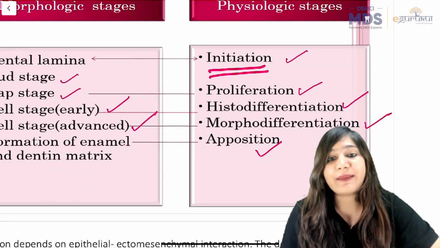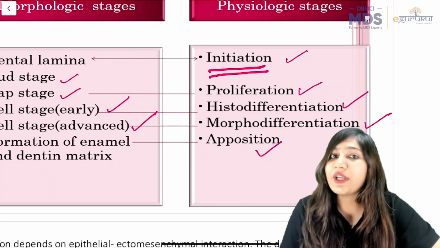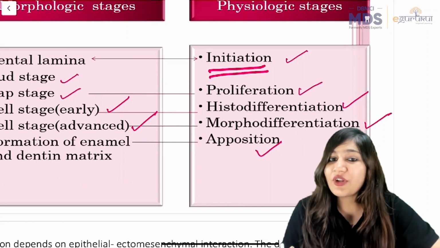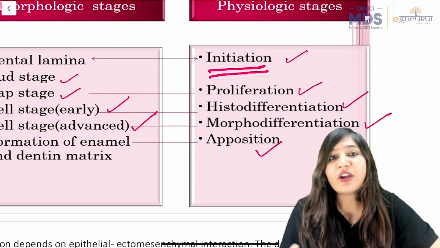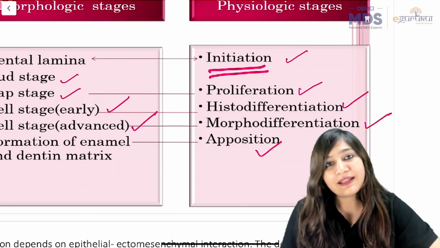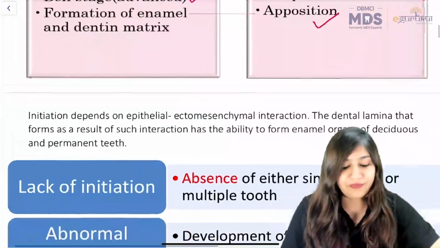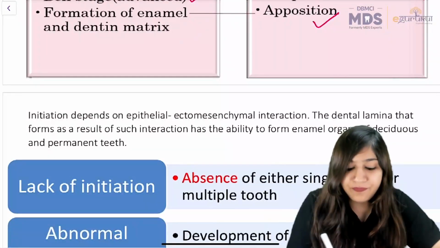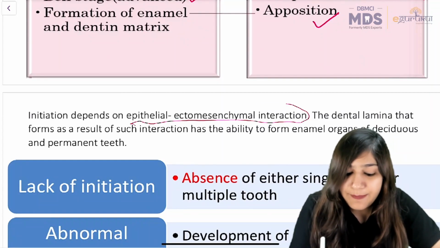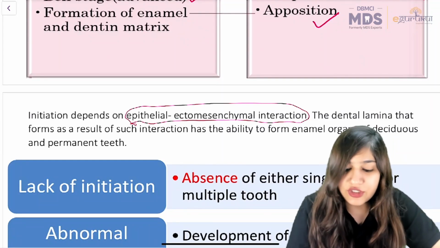And this dental lamina plays an important role in formation of enamel organ of primary as well as permanent tooth.